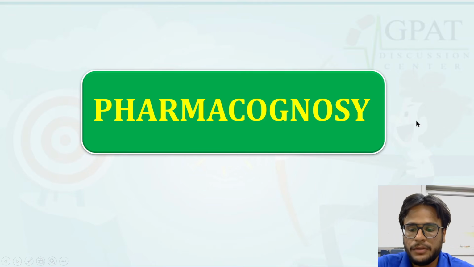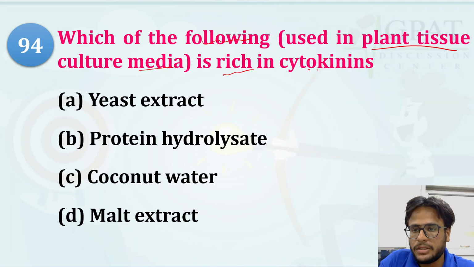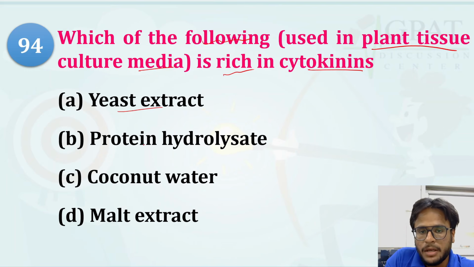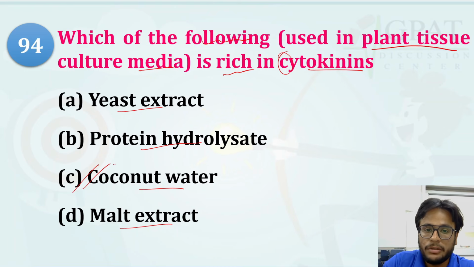The first question is on our screen. They are asking which of the following is used in plant tissue culture media that is mainly rich in cytokinin. Option A is yeast extract, option B is protein hydrolysate, option C is coconut water, and option D is malt extract. Cytokinin mainly promotes cell division and is related to the initiation of callus formation. So coconut water is the answer, but yeast extract, malt extract, and protein hydrolysate are also used in plant tissue culture media.